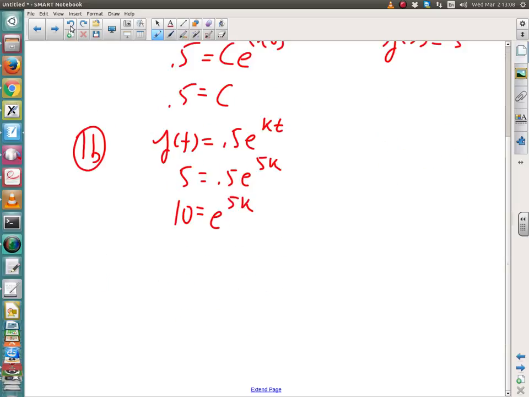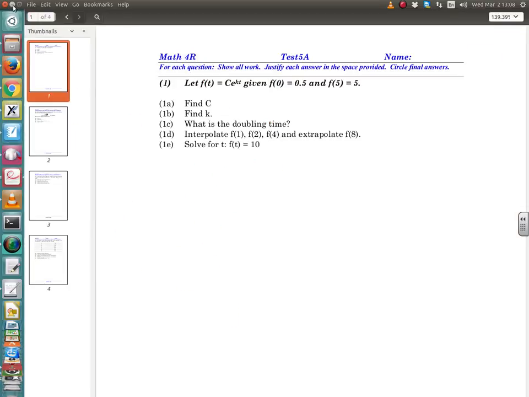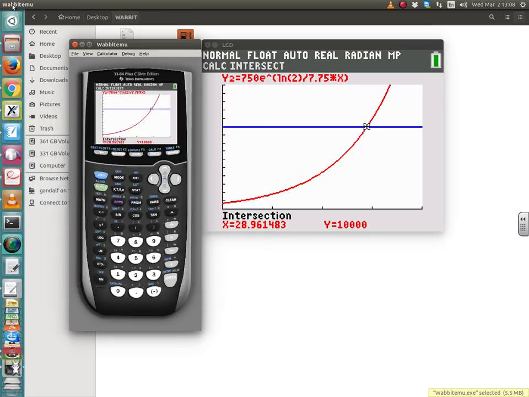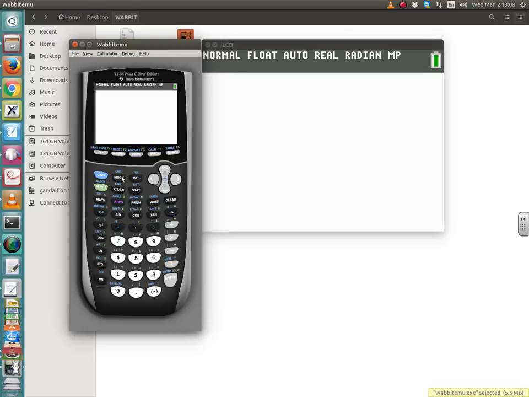How do you get rid of e to the ln? How do you get rid of the 5? It's multiplying, so you divide. And there's your k. And if you want a decimal version of that, go to the calculator. You don't really need it right now, but ln of 10 over 5 is 0.461-ish.